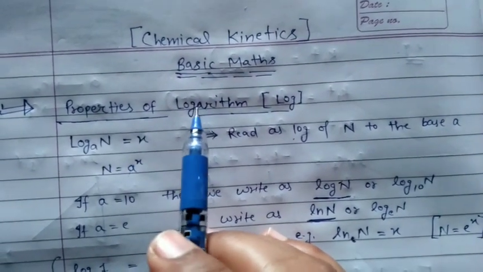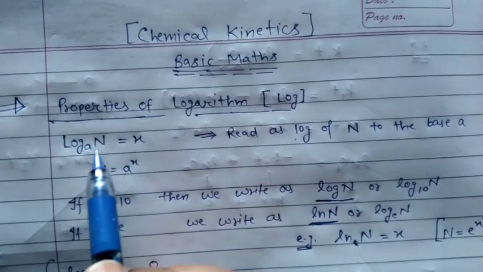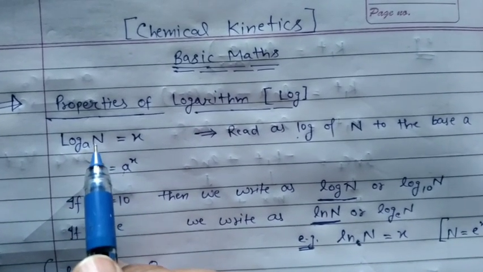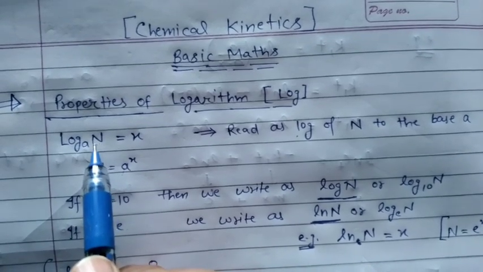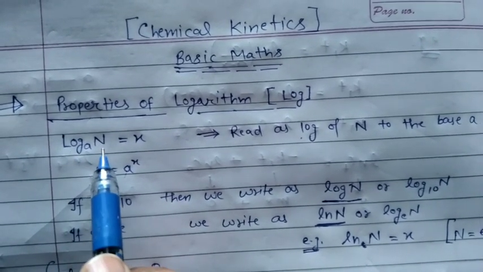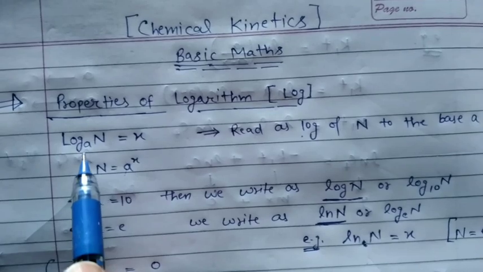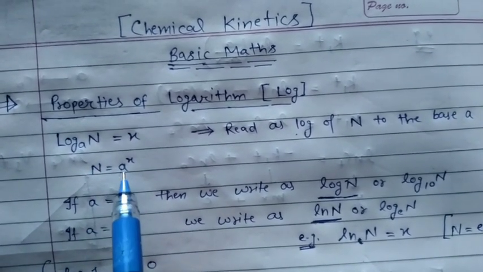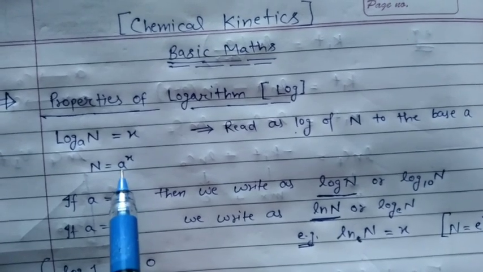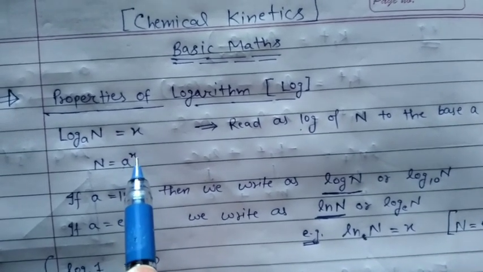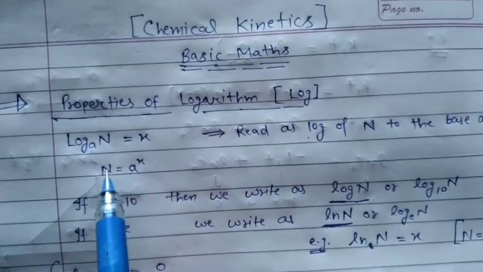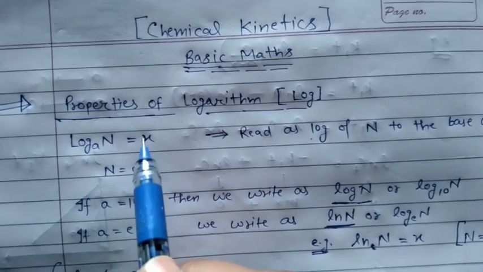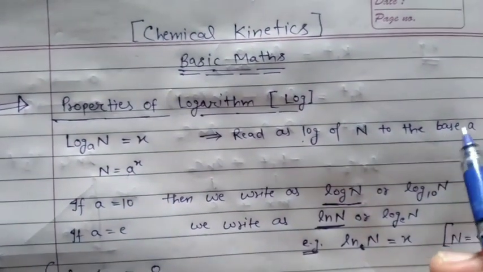Properties of logarithm. This is how to write any logarithm. The logarithm of number n to the base a is the exponent indicating the power to which the base a must be raised to obtain the number n, and we will write this as log of n to the base a.